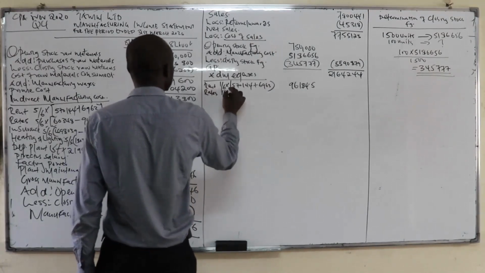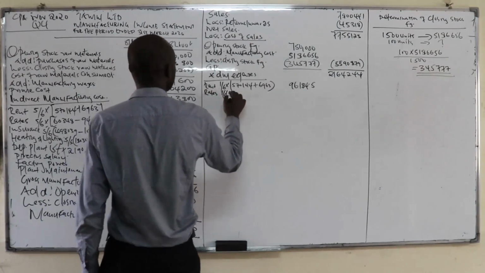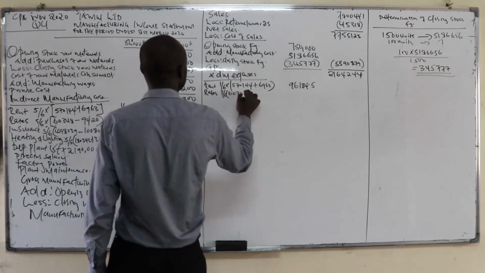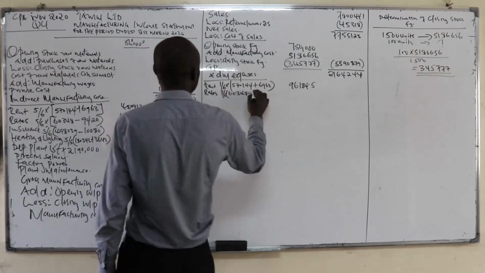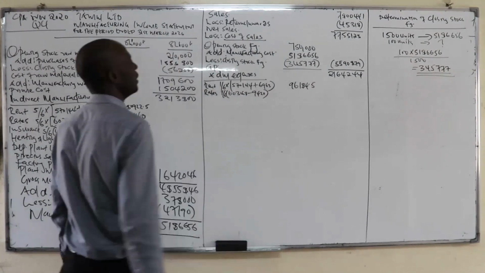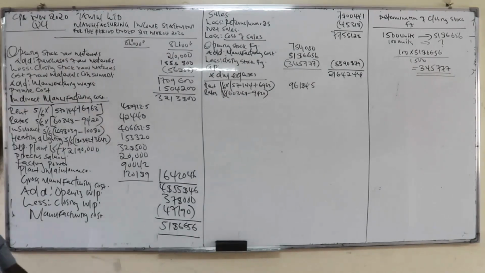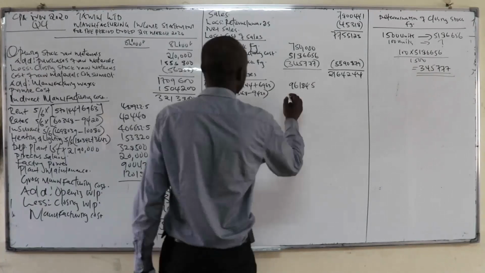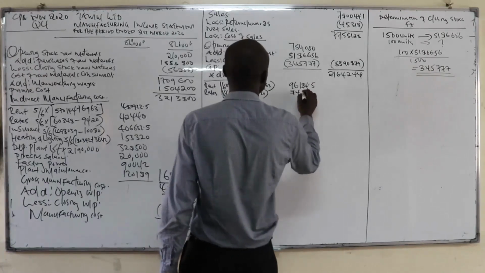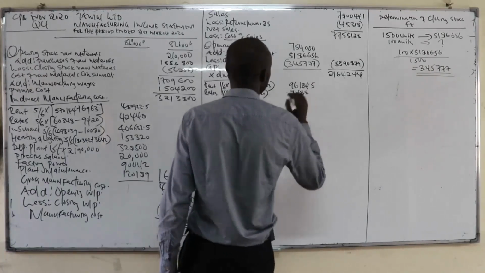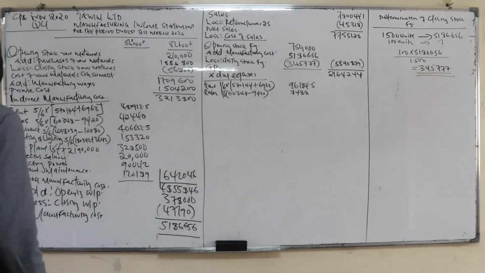1 out of 6 in bracket 60,348 minus 9420. That is the other one, 84,88, like that. So we go to insurance.